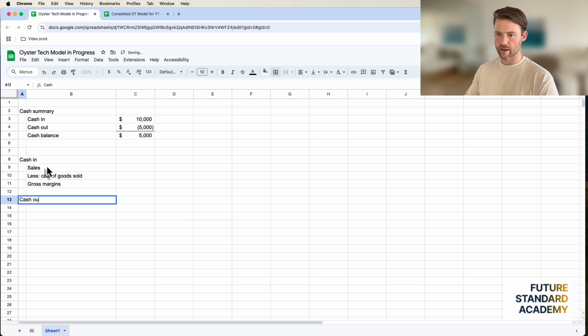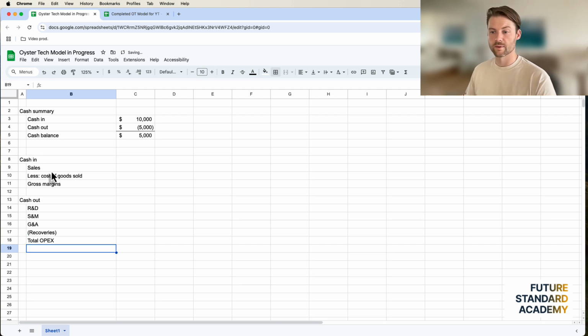Okay, and then cash out is going to be R&D, sales and marketing, general and administrative. Are you going to add back recoveries? And then cash out, let's call it total. I'm going to use shorthand here. Operating expenses is OPEX.